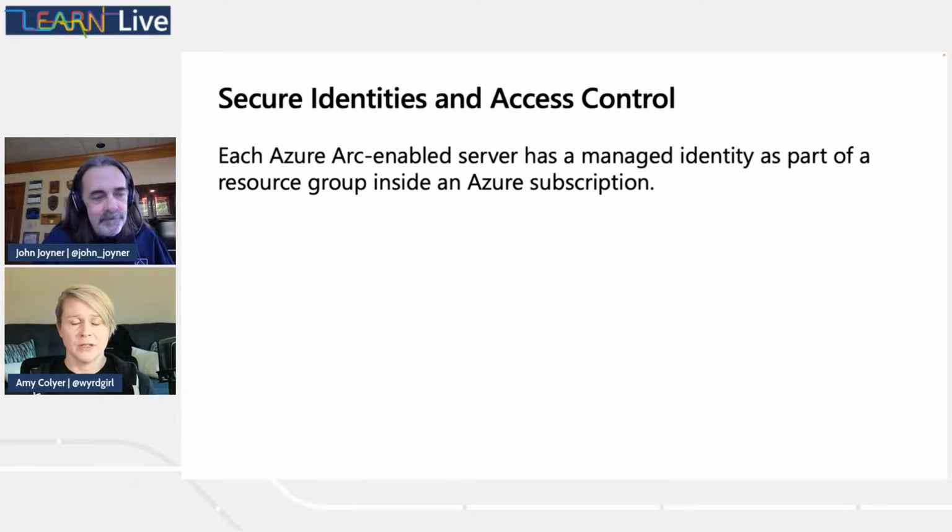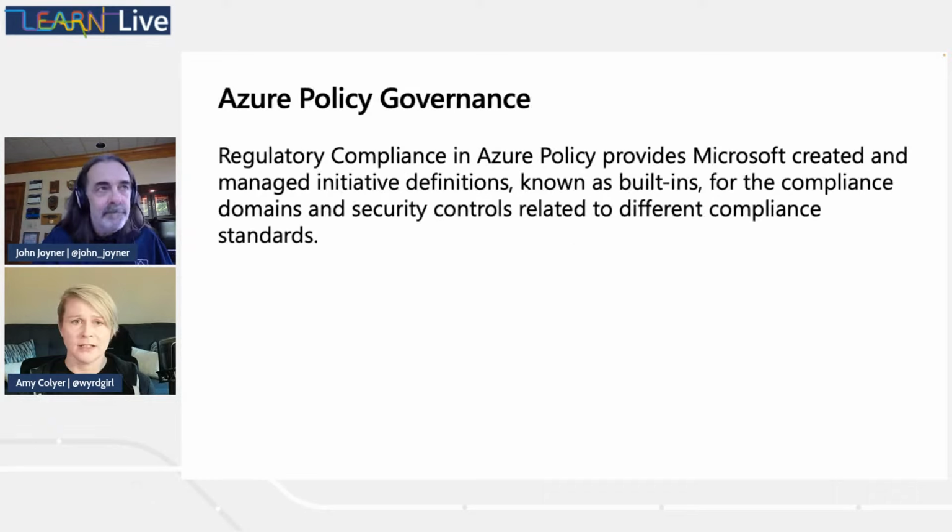Managed identity, we already went through that. So secure identities, policy governance. Again, we have those built-in compliance measures and security controls. This is bringing all that benefit of the capabilities of Defender for Cloud to your servers. HIPAA, SOX, HITRUST, CMMC level 3.